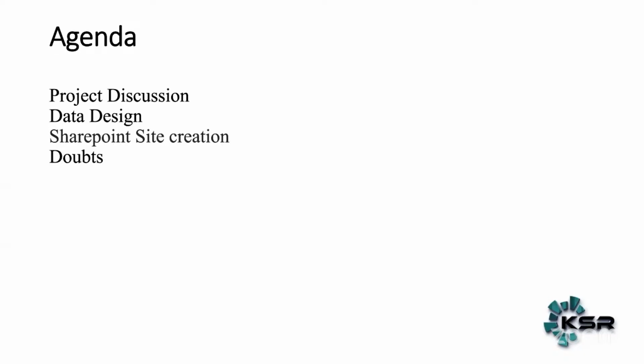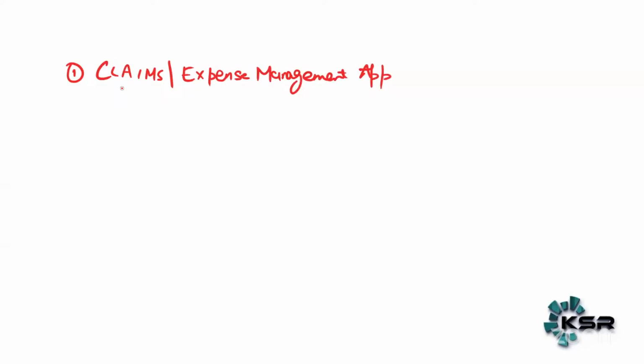Cool. So guys, now I have a few project ideas in my mind, so we can decide mutually which one we want to implement. First thing first, I can implement a claims or expense management app. Second one can be an IT asset management tool.